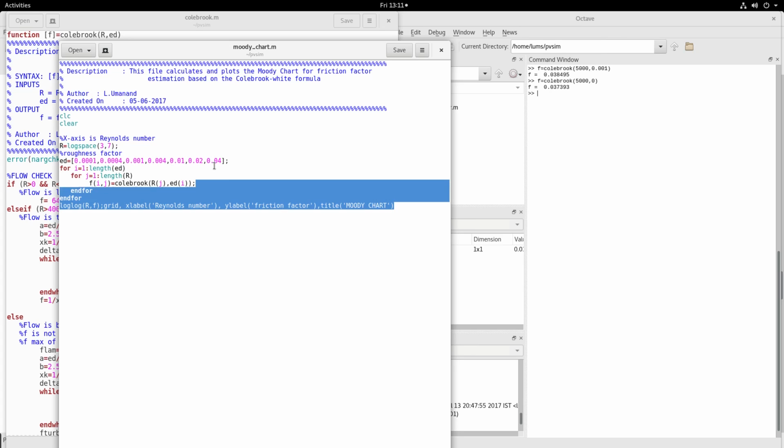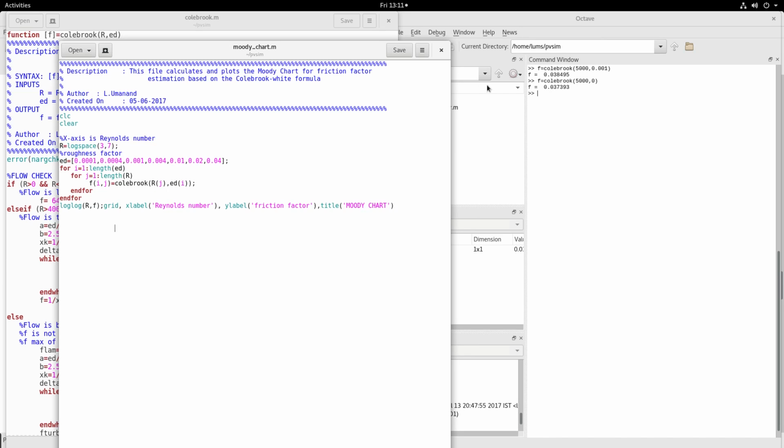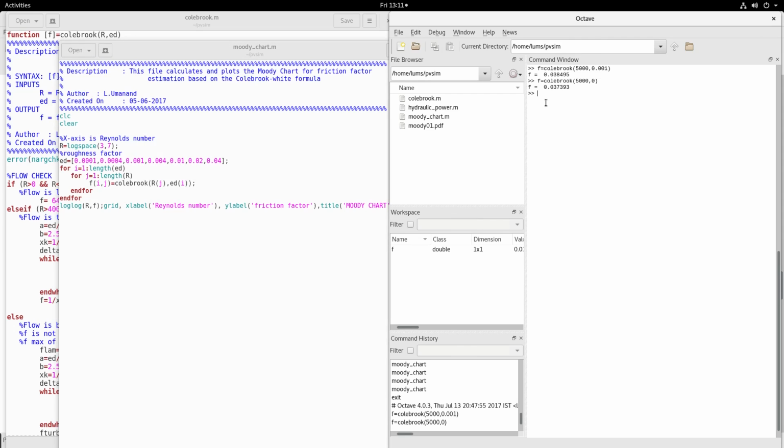So this is the script that you will use for obtaining the Moody chart. We can execute it and just see. So let me type in Moody chart.